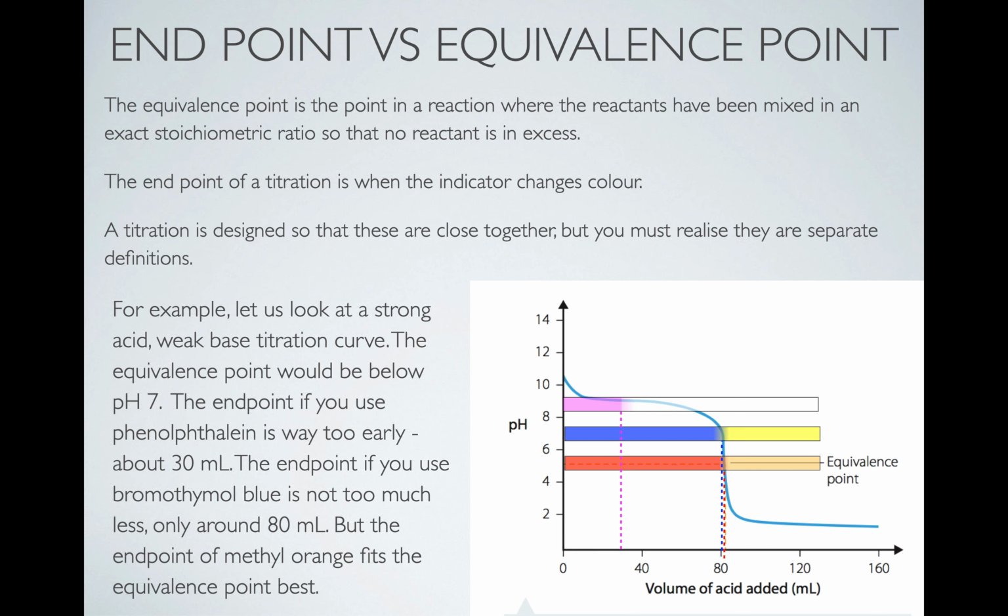But if you use phenolphthalein by mistake, it's going to change colour roughly at the 30 mil mark there. So if you use the wrong indicator, you're going to reach your colour change at 30 mil in and go, oh, there's the equivalence point, but it's not. It's too early. You need to choose the right one.